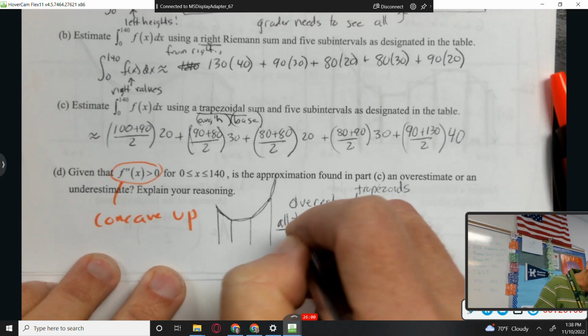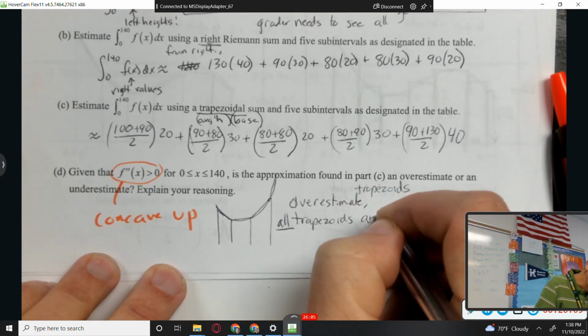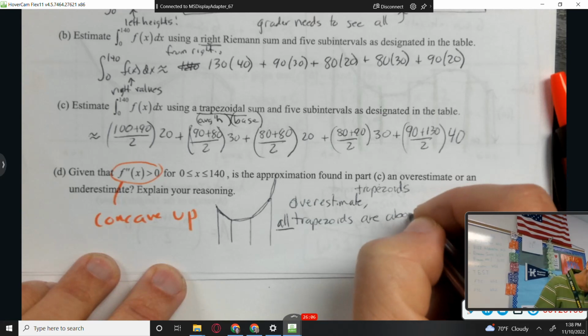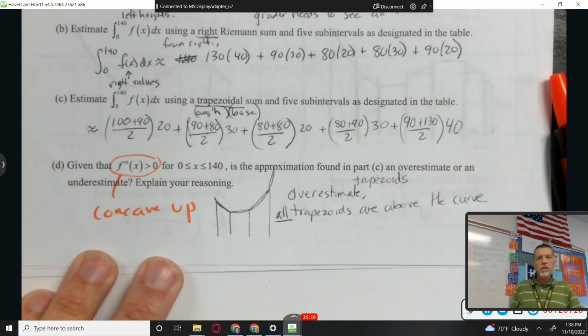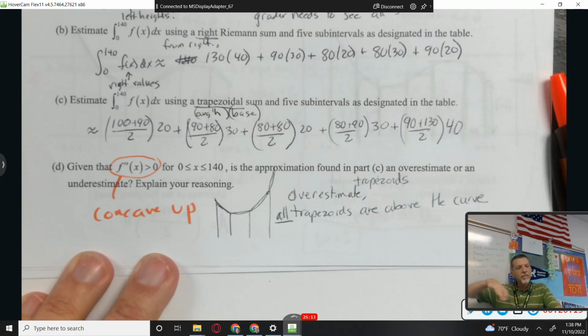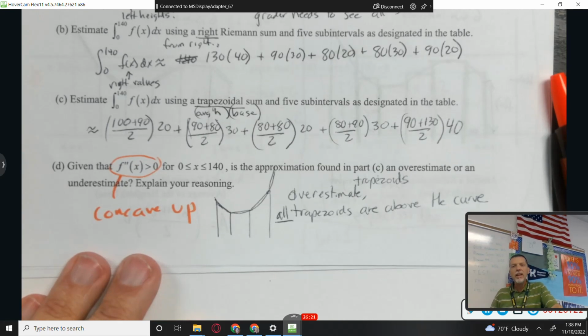All trapezoids are above the curve because it's concave up. That's one of those things that you could memorize all these possible combinations, but the better way is to just graph it, sketch it, and see what you think.